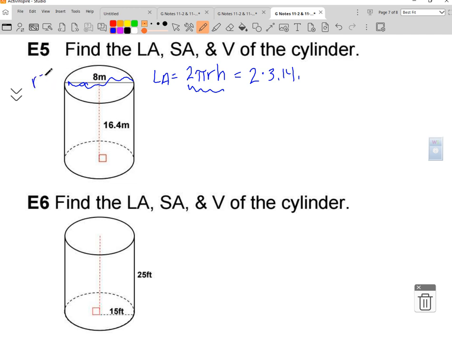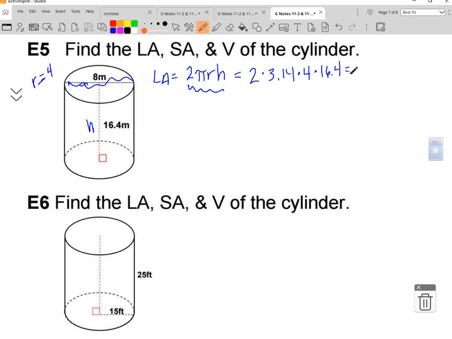So the radius is 4. All right, so 2 times pi, 3.14, times the radius, which is 4, times the height. This is the height of the cylinder.